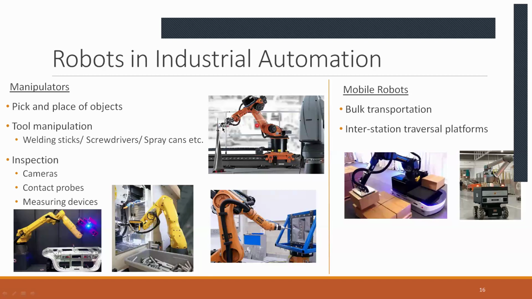What the robot is doing is measuring the profile of a turbine blade of some kind of gas turbine. The shape of these turbine blades has to be kept within certain tolerances.